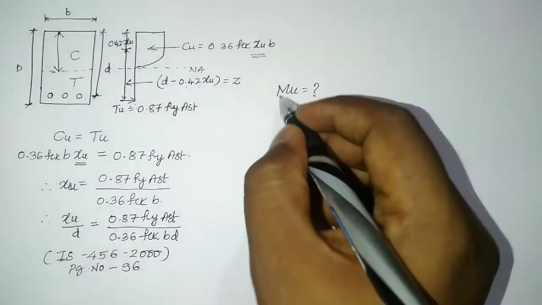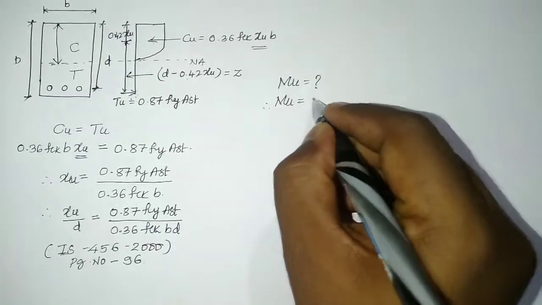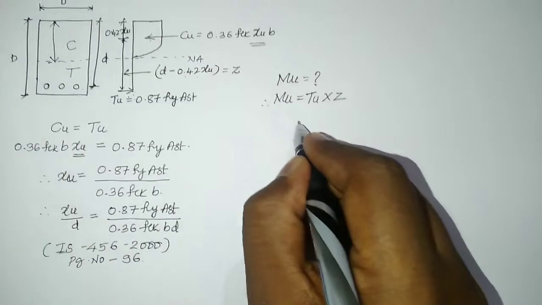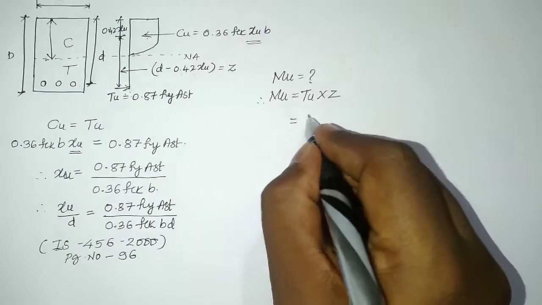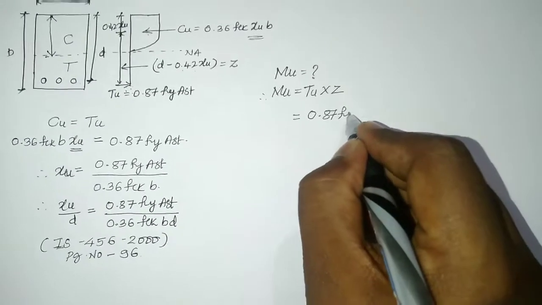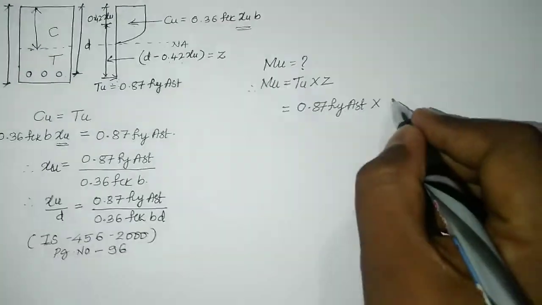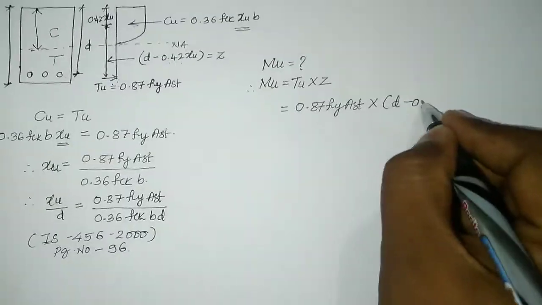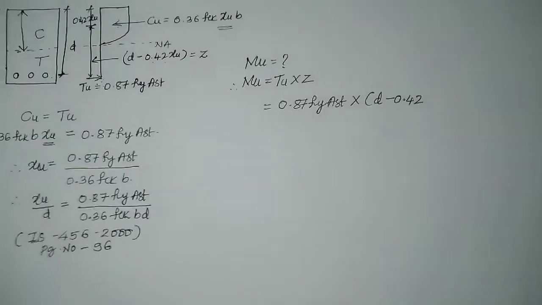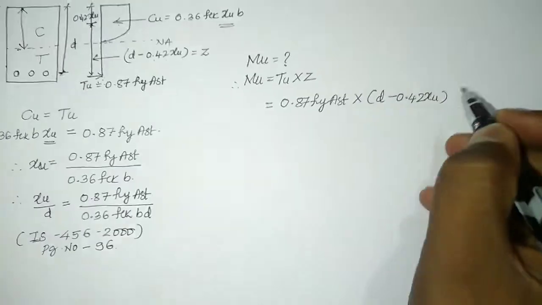So the moment will be calculated as Mu is equal to Tu into Z. Tu is nothing but 0.87 fy Ast. Z is nothing but D minus 0.42 XU.